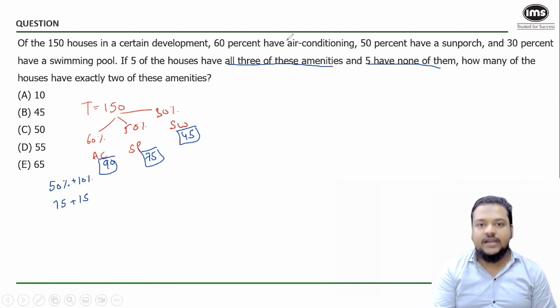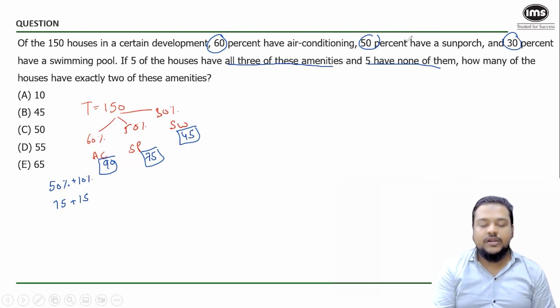So try to understand that there is overlapping happening there. There are some houses which have more than one amenity as well. There might be some houses which have exactly one amenity, exactly two amenities, or exactly three amenities. You can see that 60% plus 50% plus 30% exceeds 100%. So how is that possible?